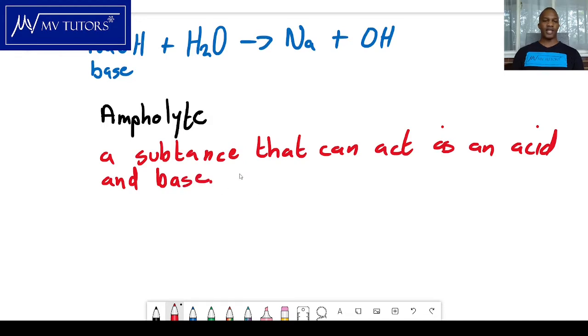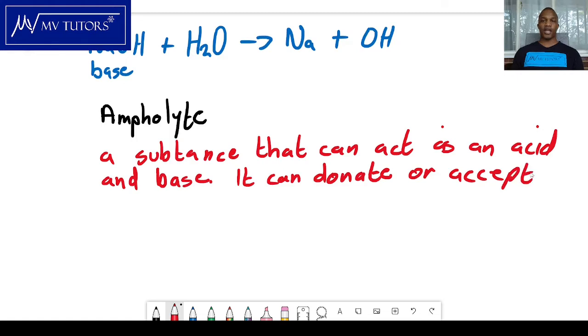That means it can donate or it can accept an H ion. It can donate or accept a proton, which is a hydronium.